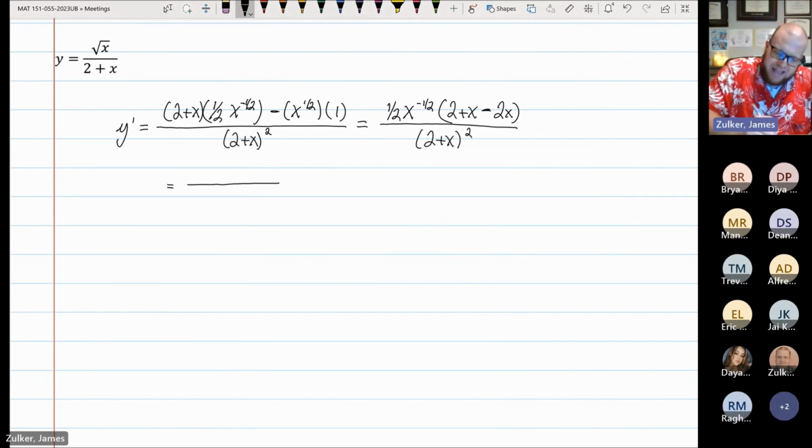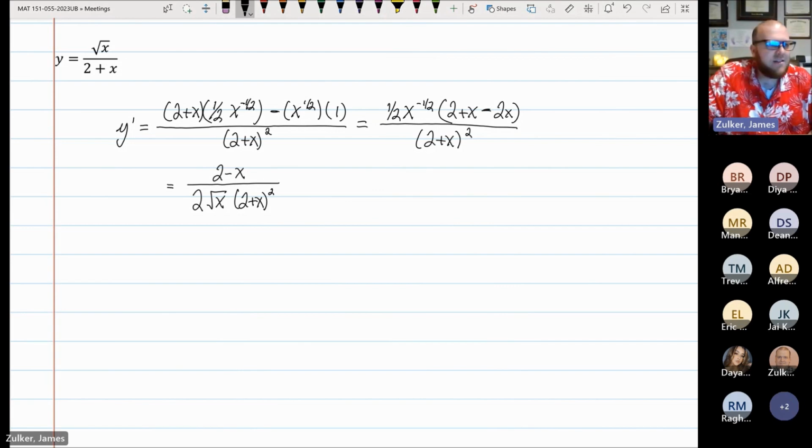So in the denominator, we're going to have a 2 square root of x times 2 plus x quantity squared. And what are we left with in the numerator? A 2 minus x, isn't it?